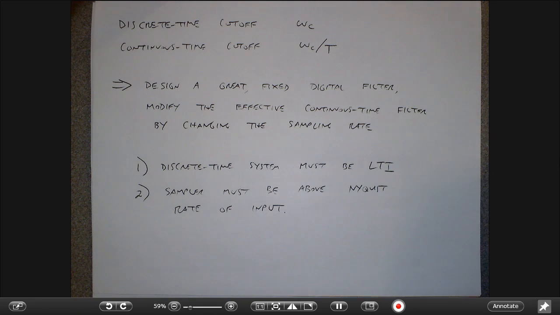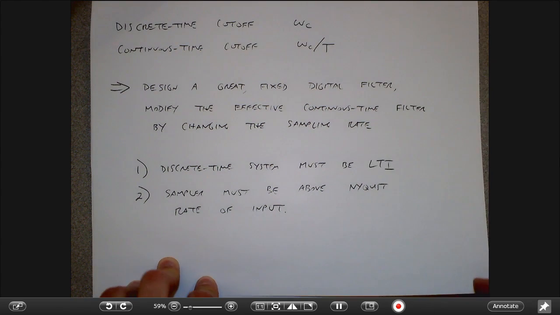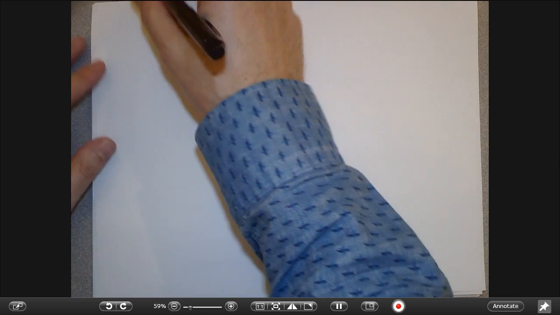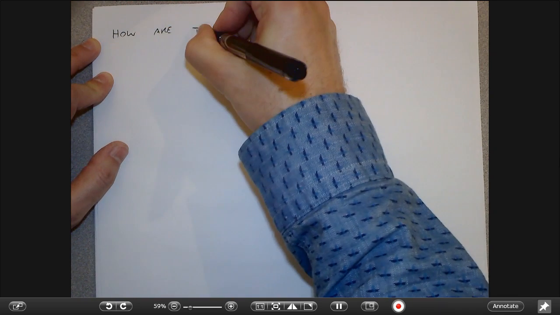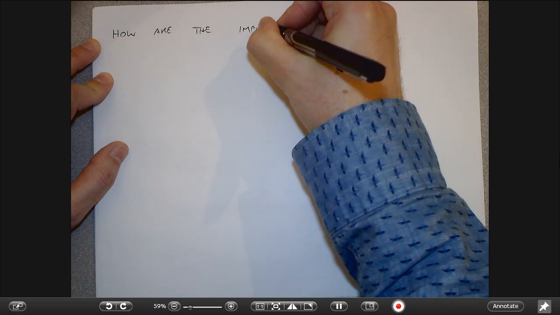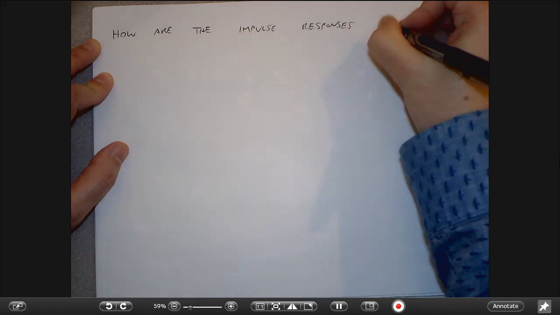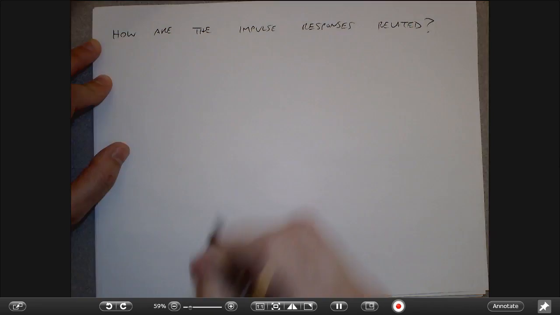So my final note on this before I go on is how the impulse responses are related, right? I talked about how things work in the frequency domain. Let me just make one quick mention of how the impulse responses are related.